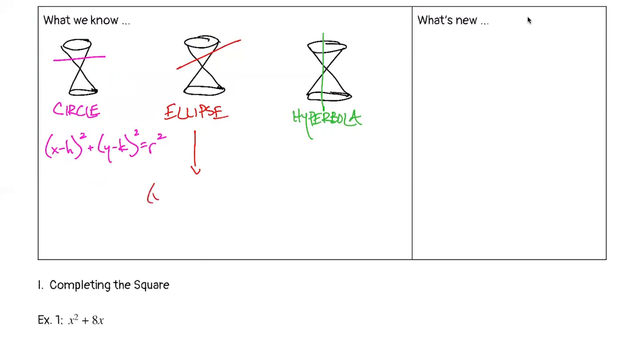But the ellipse is our x minus h squared over a squared plus y minus k squared over b squared equals 1, okay? And then last but not least, our hyperbola equation actually looks a lot like our ellipse equation, except we have a minus sign in between, okay?